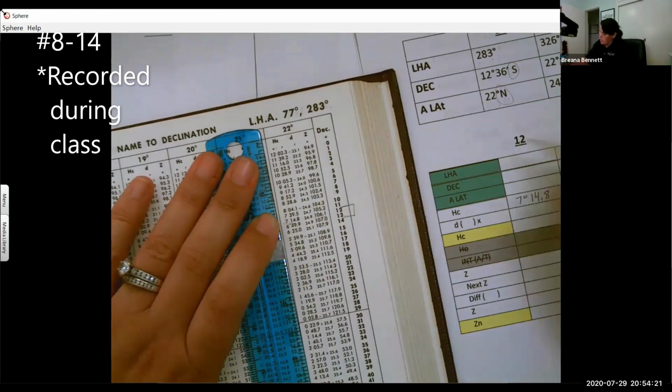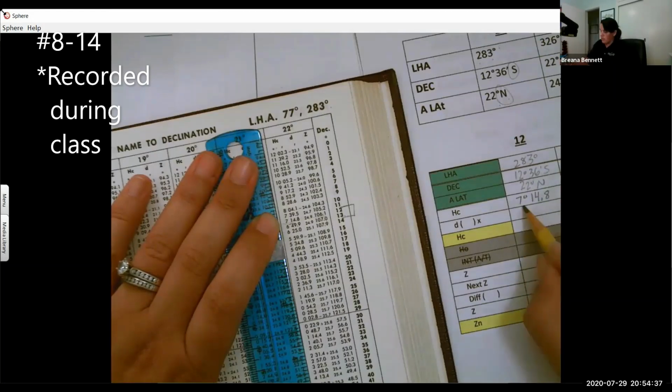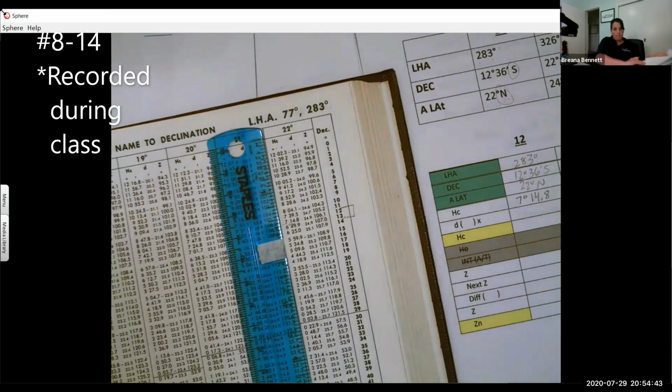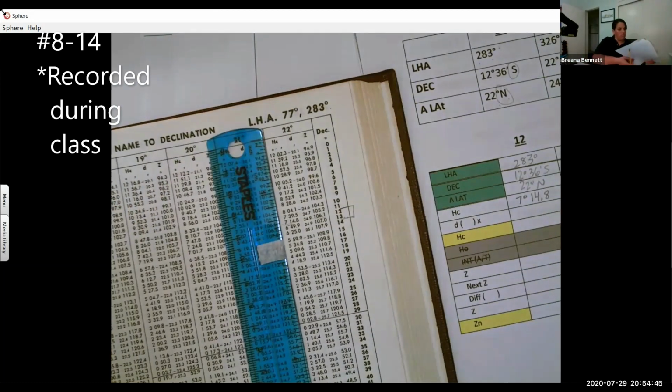I didn't put this in, but we have LHA of 283, declination 12 degrees 36, latitude 22 degrees north. Okay, so did everyone see where we got this 7 degrees 14.8? Yep. Right track here, okay.